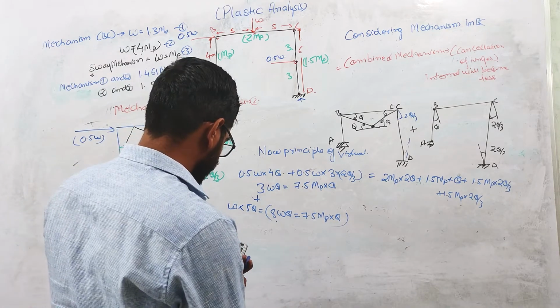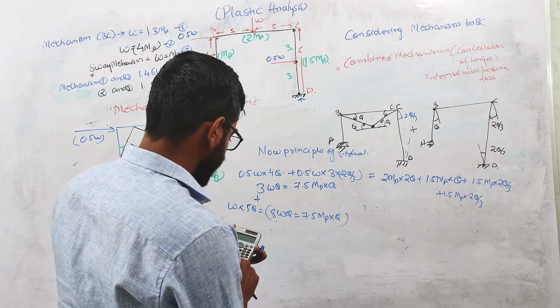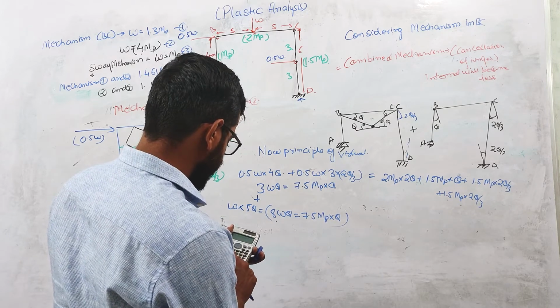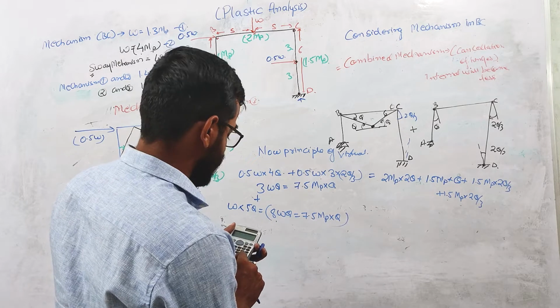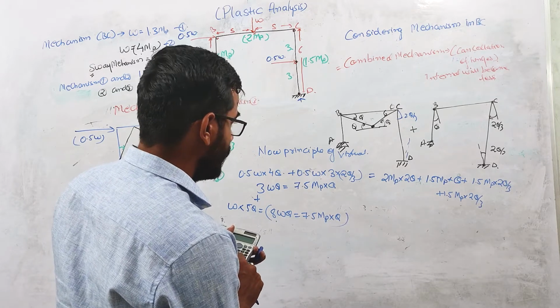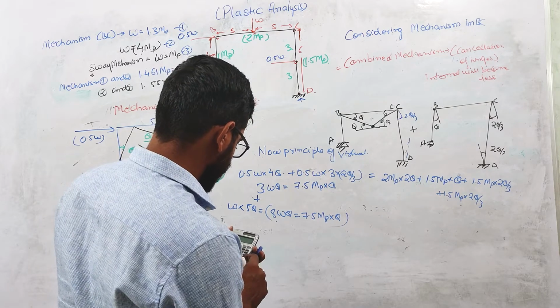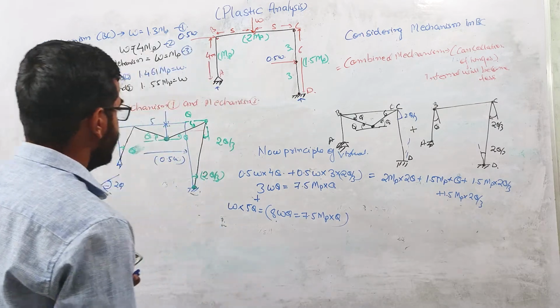This value will be 4 plus 1.5 plus 1.5 into 2 by 3 plus 1.5 into 2 divided by 3, so this is 7.5.